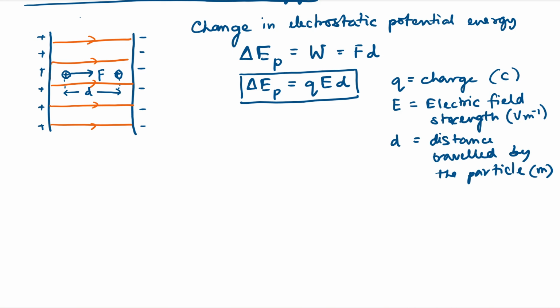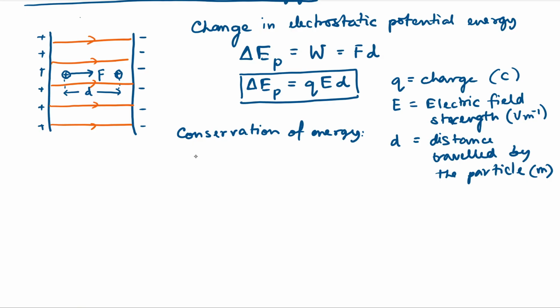So using this, we can calculate how much electrostatic potential energy the particle has lost or gained. And then we can use conservation of energy, because whenever energy is gained or lost, it has to be coming from something else. So conservation of energy tells us that if we are losing a form of energy, then it has to be transformed into some other form.